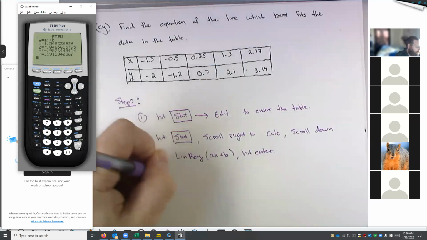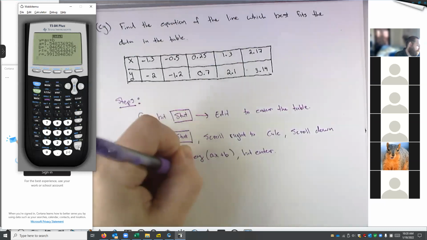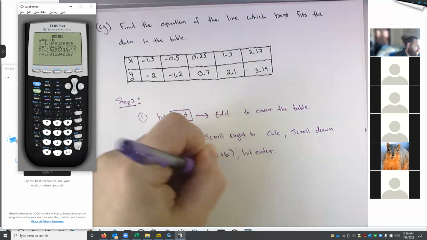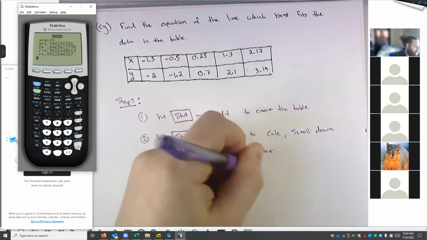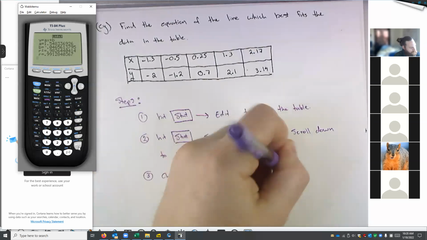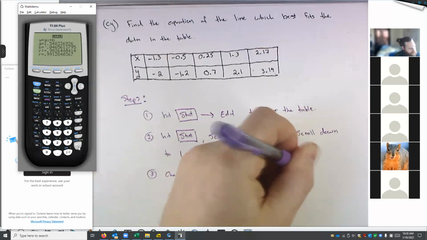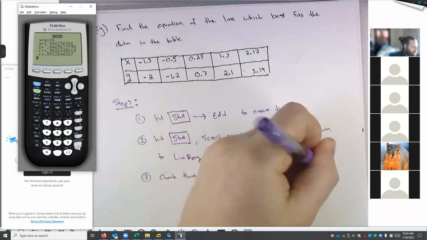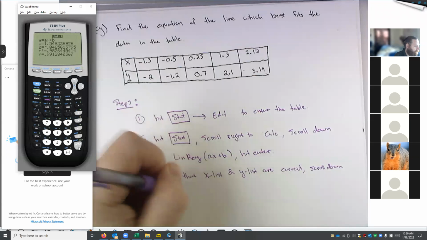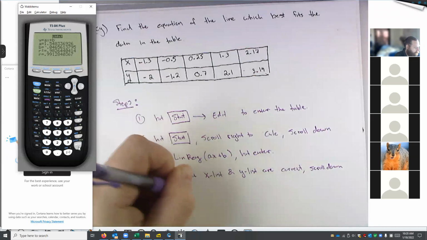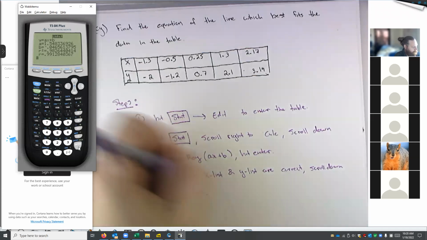So check the X list and Y list are correct. Scroll down to calculate. Hit enter.